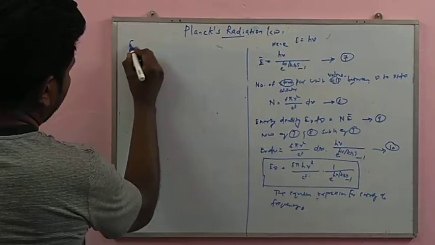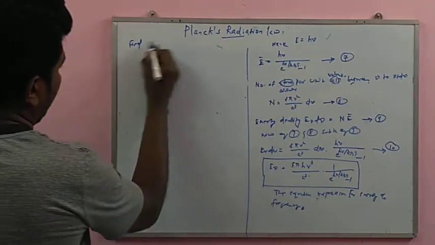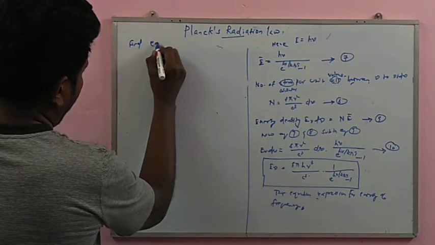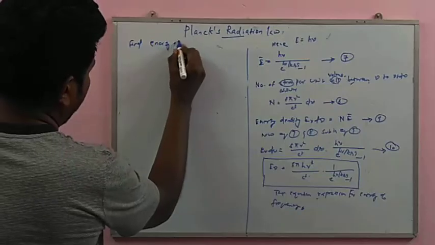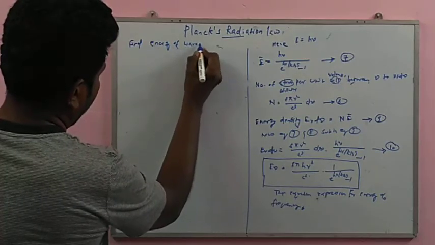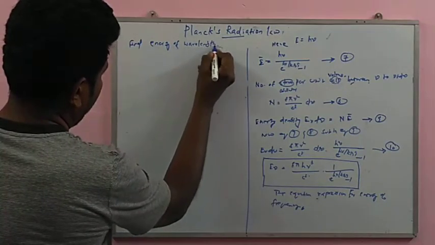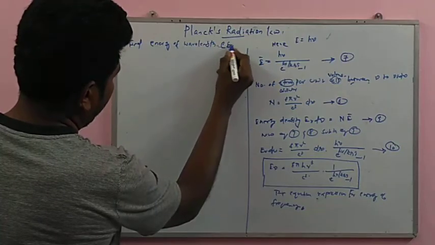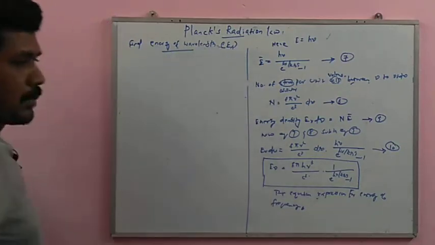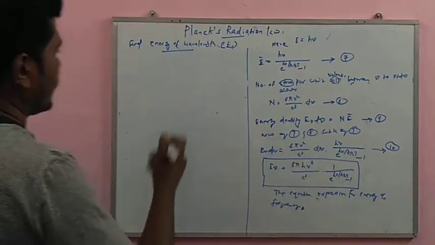That is the value E lambda, the black body radiation in terms of wavelength.